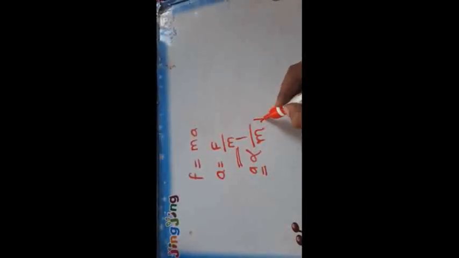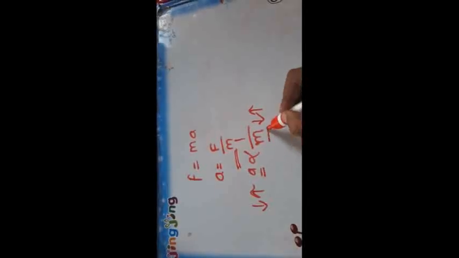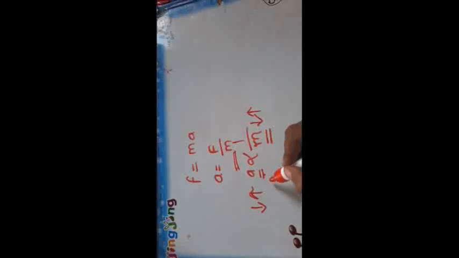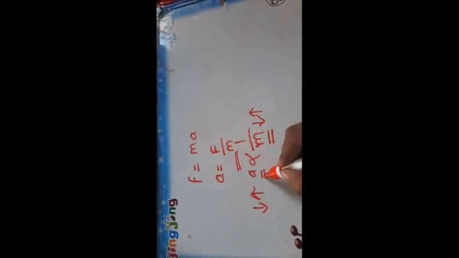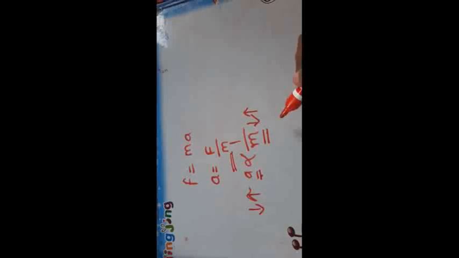If mass is decreasing, acceleration will increase, and if mass is increasing, acceleration will decrease. So if the mass of the object is less, it will accelerate more. Accelerate means it comes in motion. So the smaller objects are getting attracted towards the earth, though they are applying some gravitational force towards the earth.